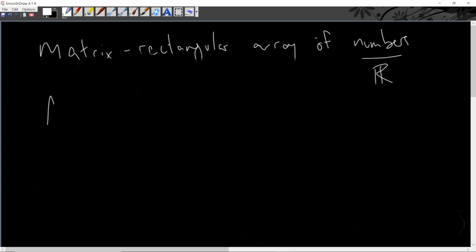So let's define A as an m by n matrix. So we're going to have m number of rows.